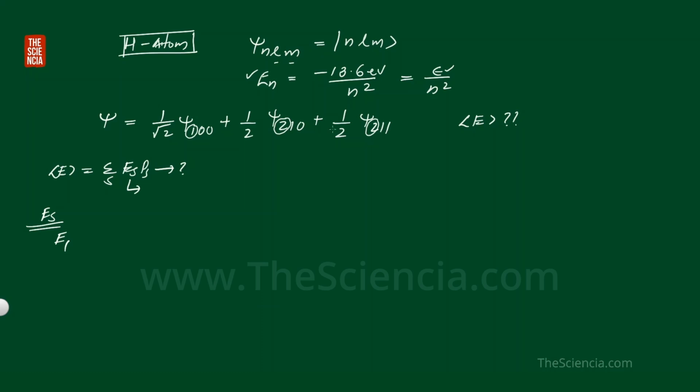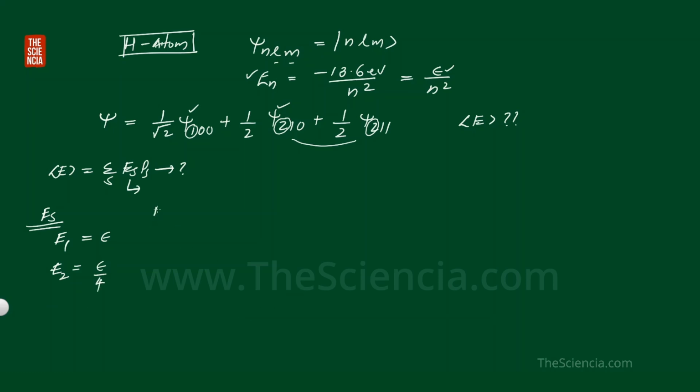The n value is the same for both, so the energy of these two states will be equal. E1 is the energy of this first one, where n equals 1, that is E by 1 square, that is E. Now E2 is this state, where n equals 2, so it will be E by 4.